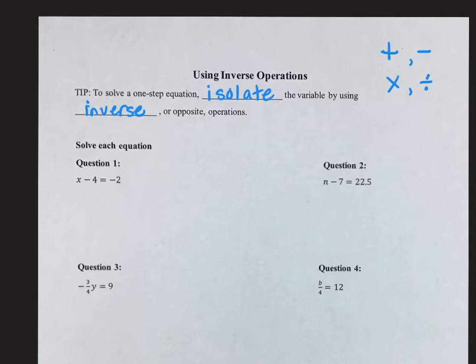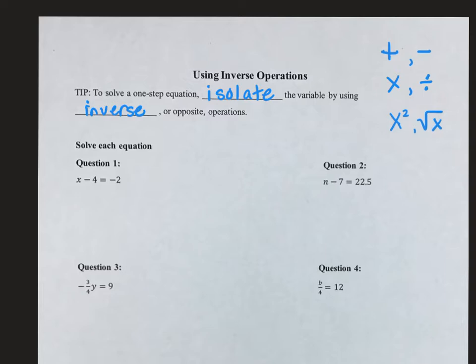Another one that you will get more familiar with: if I have a variable x squared, the opposite operation of squaring something is taking the square root of it. So these are some basic inverse operations, and just think about them as the opposite.